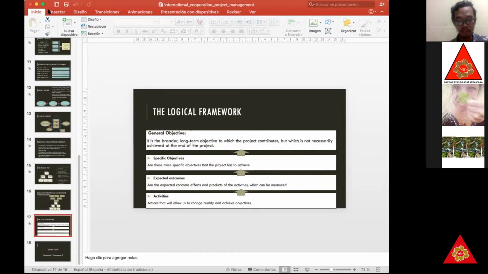Jadi di kerangka kerja logis itu akan dilihat apa yang kita lakukan, bagaimana kita akan menghadapi persoalan yang kita lihat itu dan kemudian kita tawarkan untuk didukung. Nah, secara kerangka ada mulai dari tujuan umum, tujuan spesifik, terus hasil yang diharapkan tentu secara konkret.